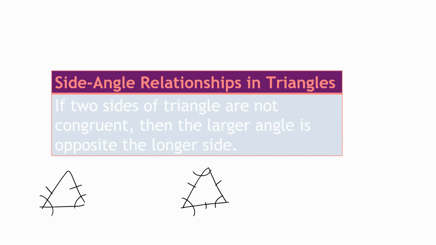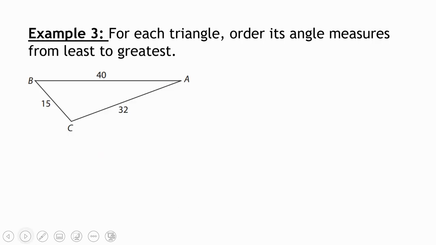So this is just getting you to realize that there is a relationship occurring between the angle and the side opposite of that angle. There's a direct correlation there. What it's saying is that the largest angle corresponds to the opposite side. So whatever angle is the largest, then the opposite side is the largest as well.